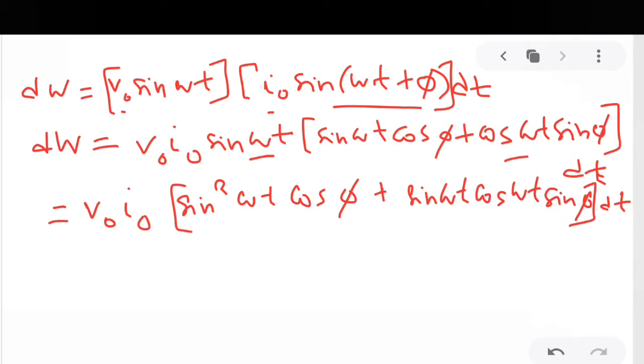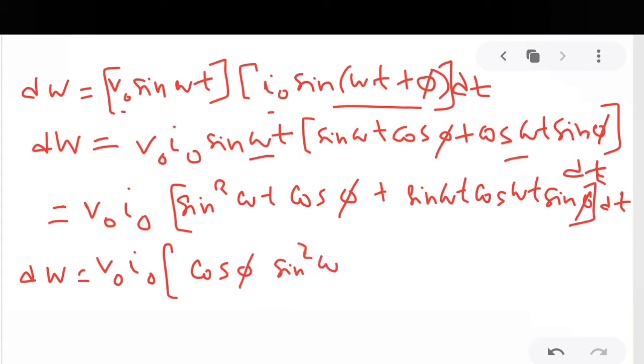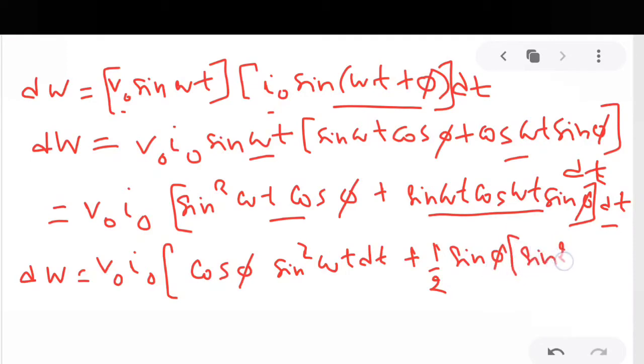So dW is equal to V naught I naught cos phi sine square omega t dt, this dt is multiplied with this, then plus one by two sine phi sine 2 omega t dt.